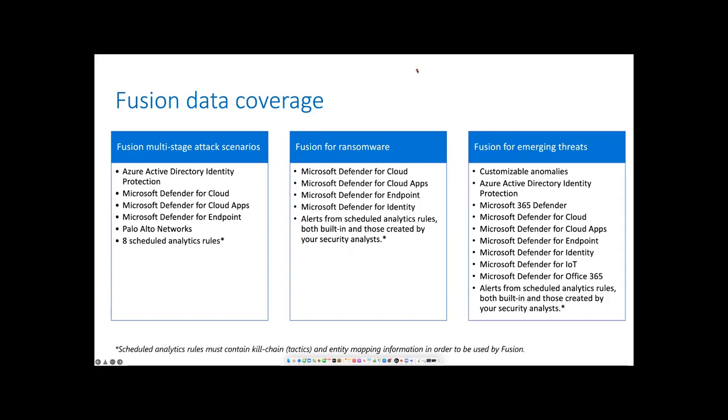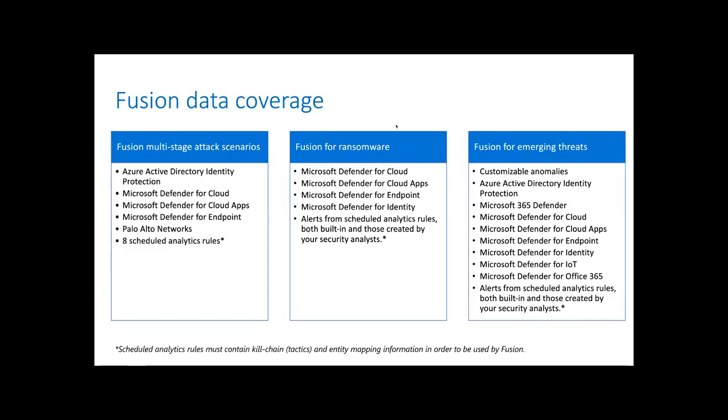Just to add on to this, you do not have to enable every single data source here, but of course, the more the merrier. The more you enable, the more detection you're going to have in Fusion and overall in Microsoft Sentinel. Shortly, what I definitely want to cover is that scheduled analytic rules must contain kill chain tactics and must have entity mapping in order to be used by Fusion.